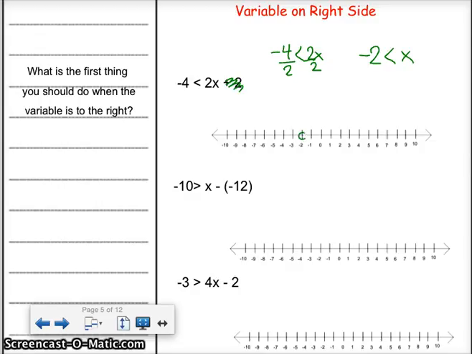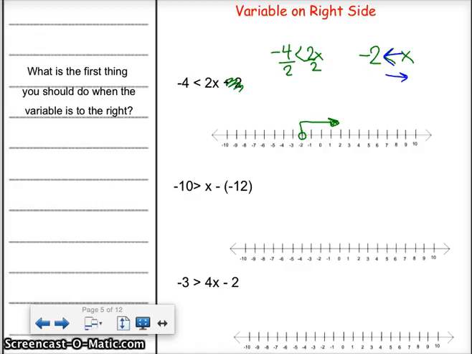So a circle at -2. And then if -2 is smaller than x, that means x is bigger than -2. Now remember, you could use that arrow point trick, the arrow really would go that way. However, x is on the opposite side, so the arrow is going to go that way.